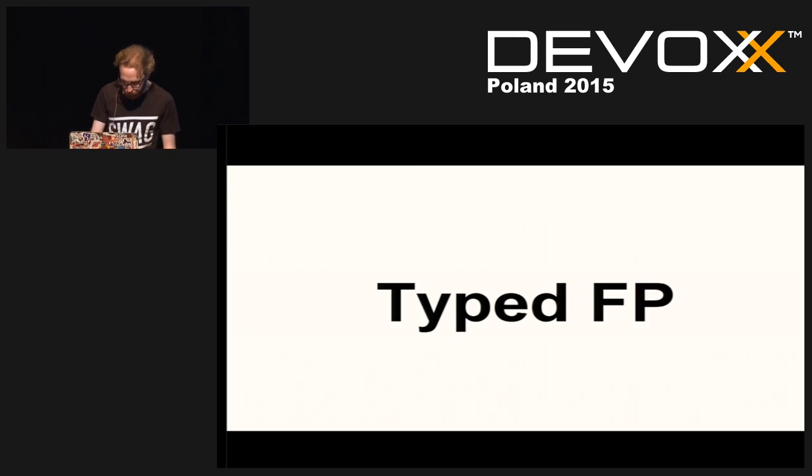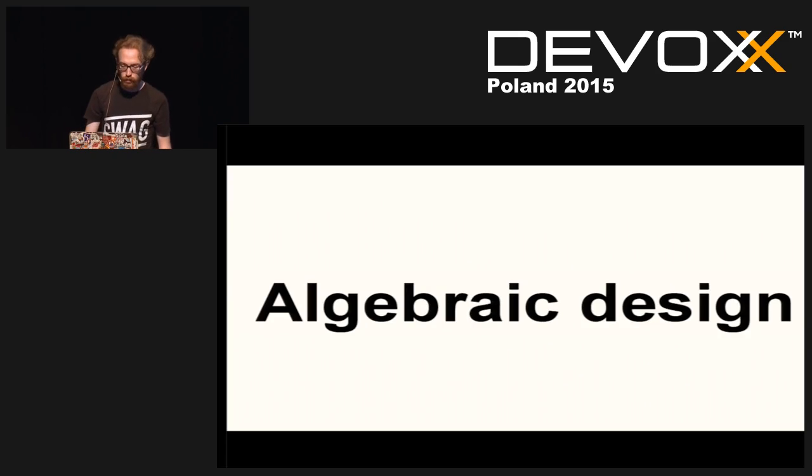And with that in mind, I want to talk to you about algebraic design, which is a fancy word for domain-driven design with functional tools. Algebraic design is shorter and much more mathy, so it's better. But basically, the idea is the same. You observe your domain model, and you encode the knowledge into your types.